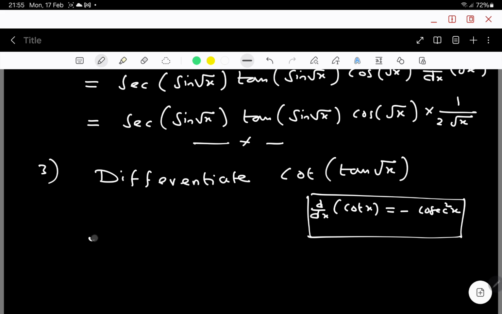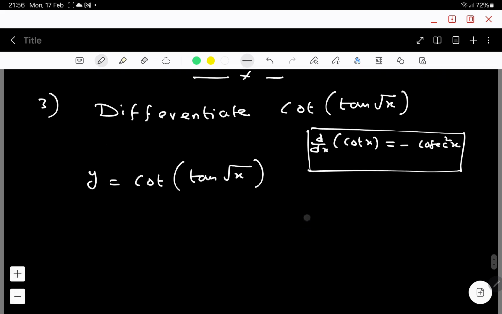Take y is equal to cot of tan root x. Now differentiating both sides with respect to x. dy by dx, differentiation of cot is minus cosecant square. So minus cosecant square.